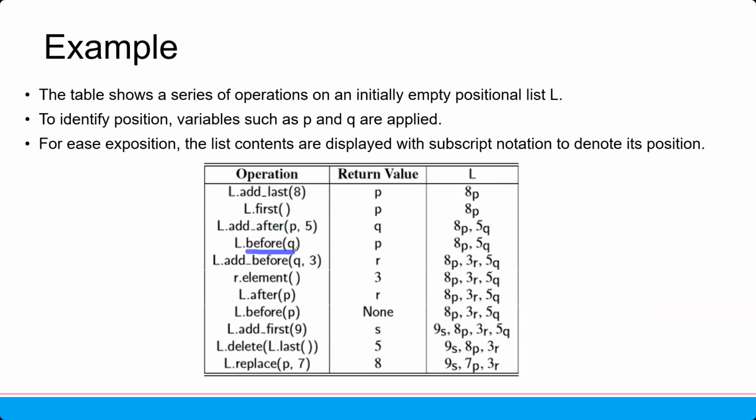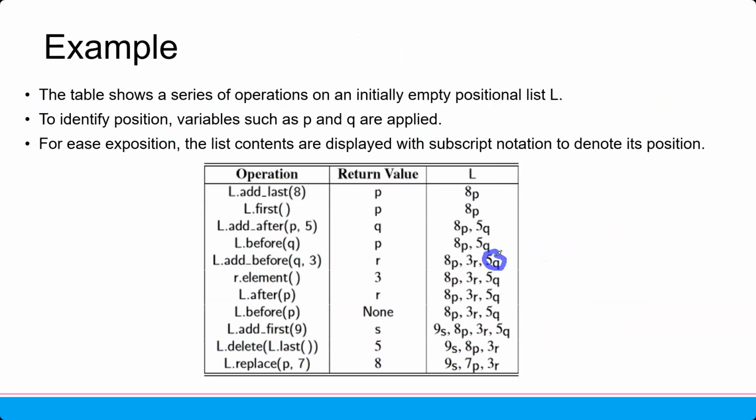Then 5 is added, and then the next is L dot add before Q. So before Q, I know that it is P, and we just give the position. We have add before Q, and the element is 3. So what is Q?